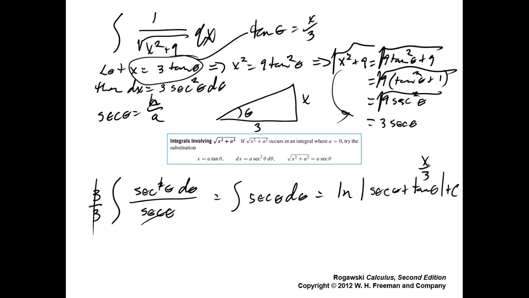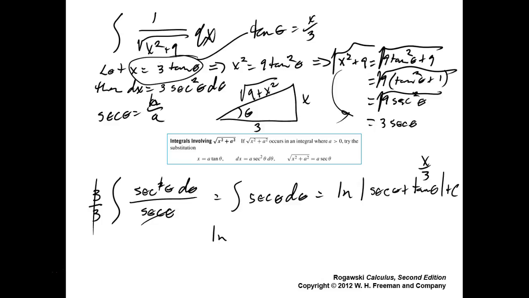Wait, Houston, we have a problem. Do we know what the hypotenuse is? It's the square root of 9 plus x squared, or x squared plus 9. There we have it right there. That was your hypotenuse. So this will then be the natural log of, and if we use the principal square root like we did here, we don't need the absolute values anymore.